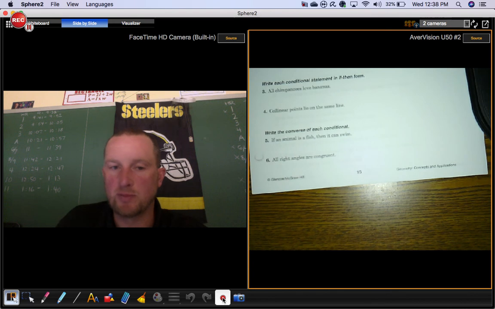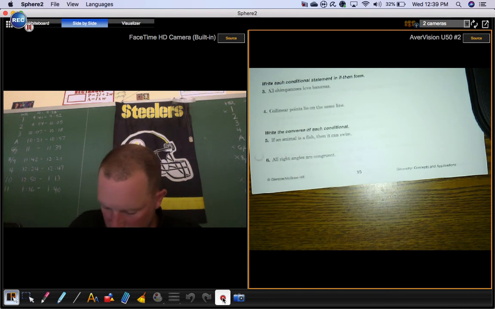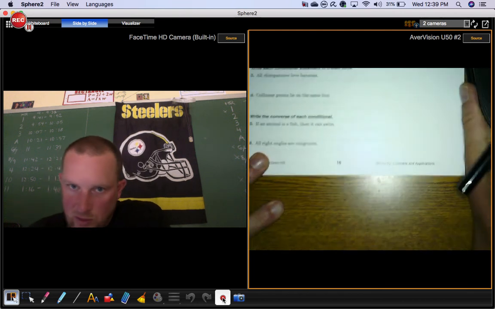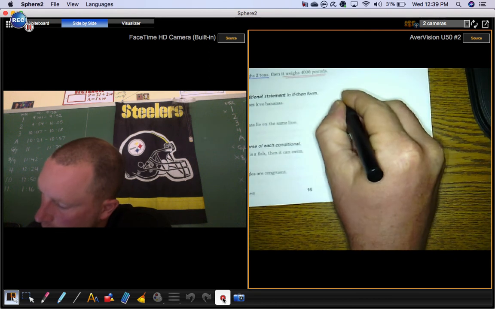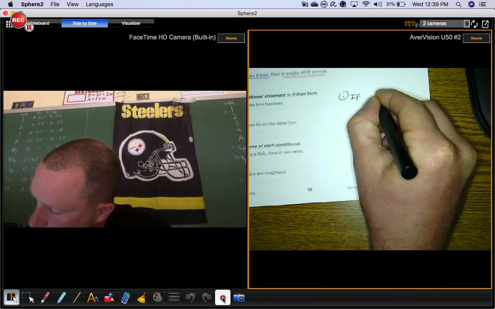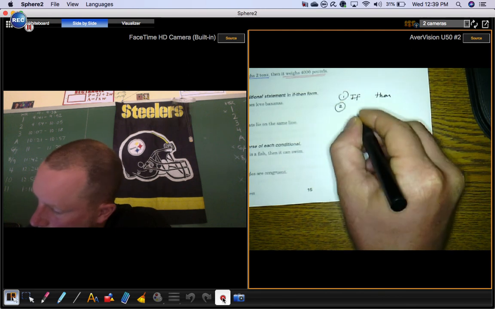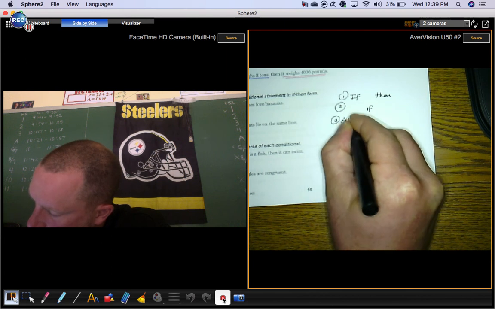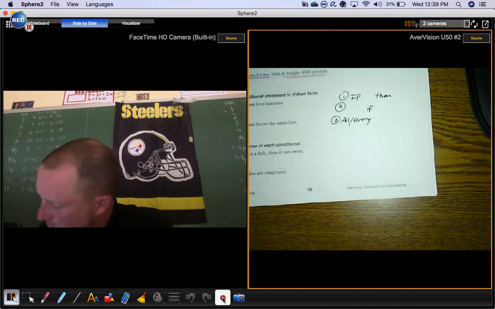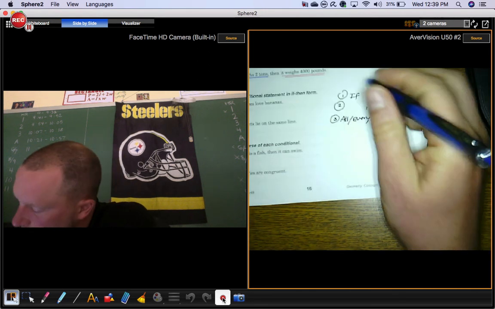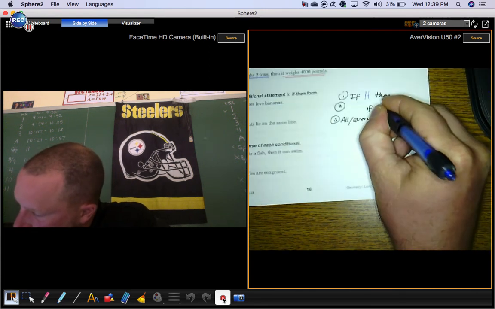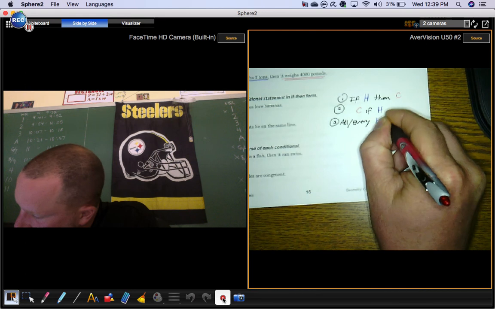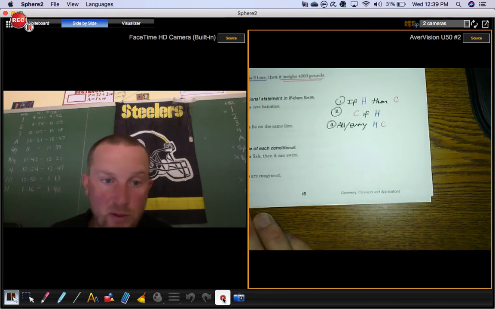So if you can remember back in our lesson, we talked about that little template that we made for ourselves. So it looks like this. I'll write it out for you. Okay, so hopefully that looks familiar to you.